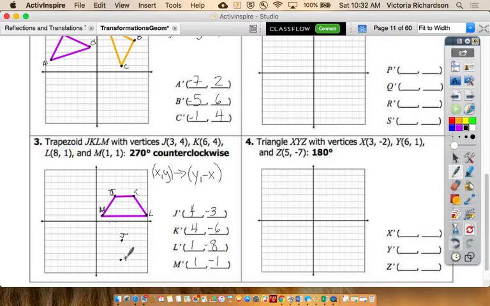K prime. L prime is 1, negative 8, so over 1, negative 8, which is all the way down to the bottom. That's L prime. And M prime is 1, negative 1, so over 1 and down 1. So that's M prime. Now we connect our points.